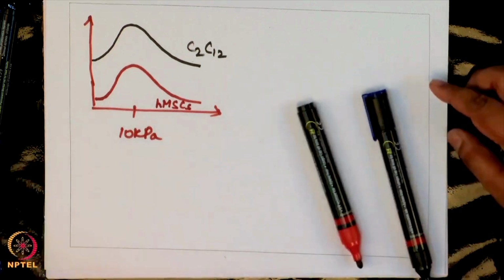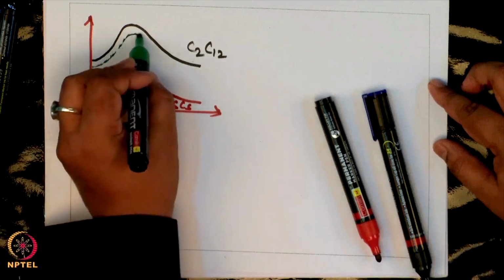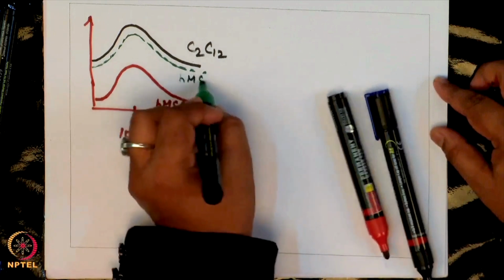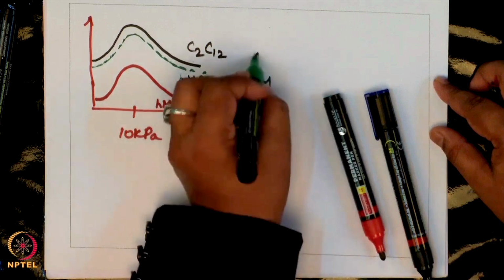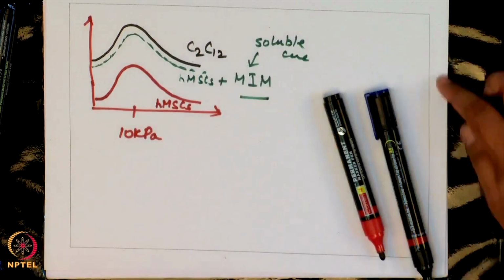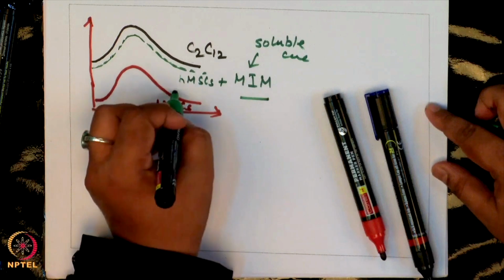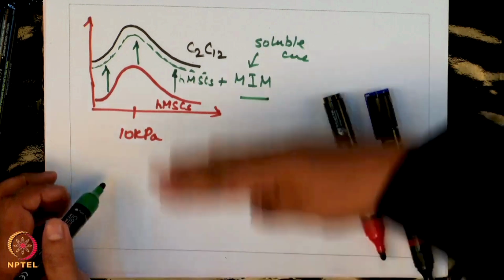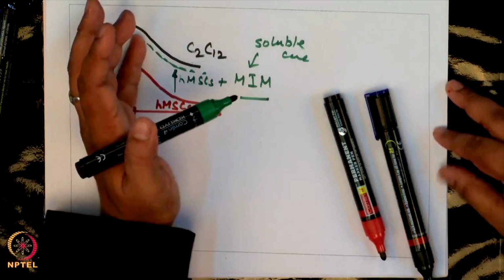If you add a muscle induction factor, okay, the expression profile, okay, so this is HMSCs plus muscle induction media. Okay, so this is your soluble cue. Okay. This suggests that when you add a soluble cue, your state increases in a stiffness independent manner. So, you just have shifted the baseline across all the surfaces, okay, but the peak remains the same.